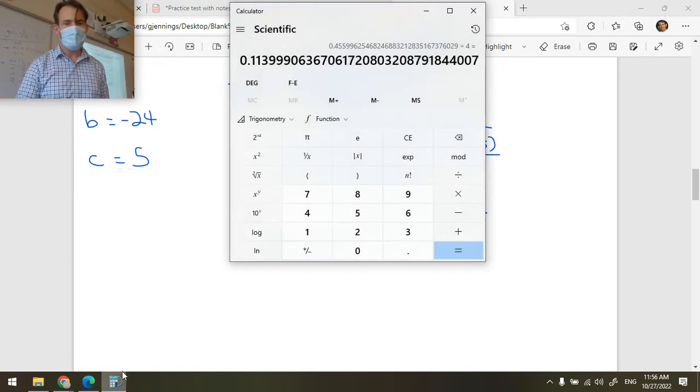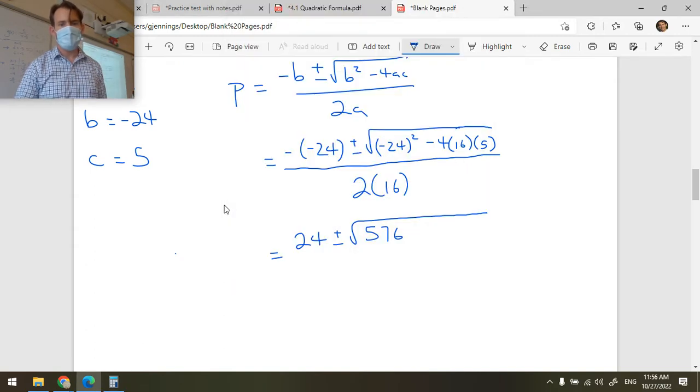And then check your mental math with a calculator. 576. Good. Minus 4 times 16 times 5. Well, let's do minus 4 times 5 to give us minus 20. Minus 20 times 16 will be minus 320.